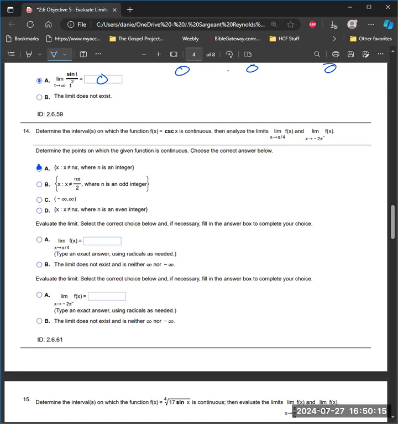Then analyze the limits of f of x as x approaches pi over 4. So that's going to be √2.